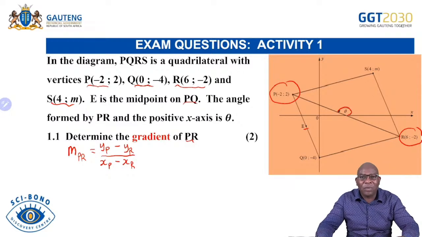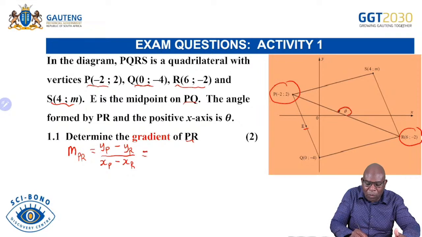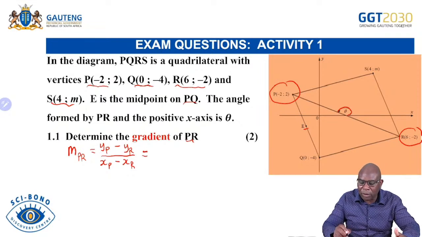And we have seen when we are marking that you guys are writing it the other way around. You are saying x2 minus x1 divided by y2. It cannot be. It must be the change in y over the change in x. These are marks that we must get. We must make sure that our formula is correct, then copy it correctly, then substitute correctly. So in this case, what is my y value at P?